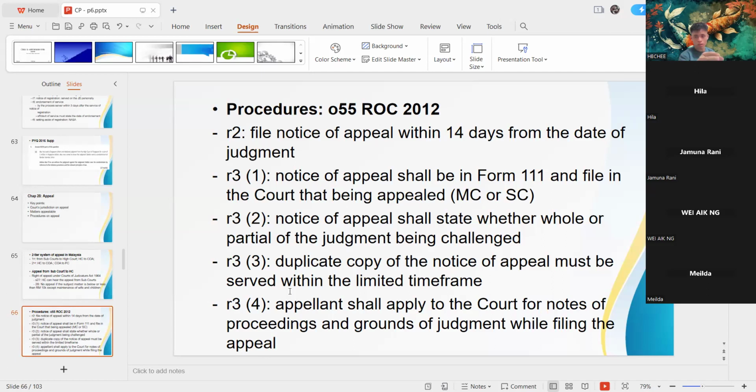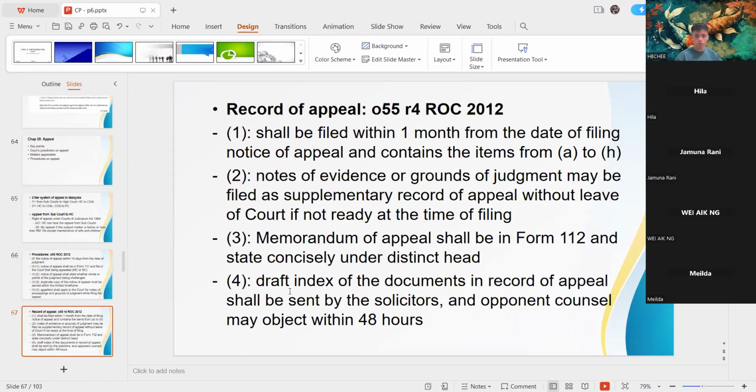Then the timeline: Rule 2, you have to file a notice of appeal within 14 days. Rule 3, the notice of appeal has to be in what form. Rule 3, Sub 2, what are the contents? And then how do you serve? If your question of appeal is up to the High Court, you just need to copy whatever is provided under Order 55.